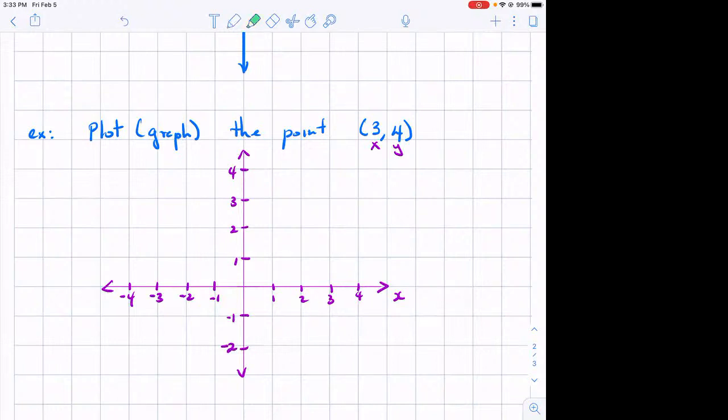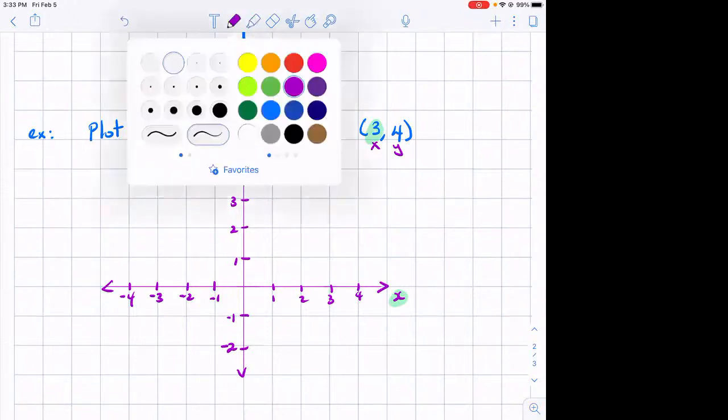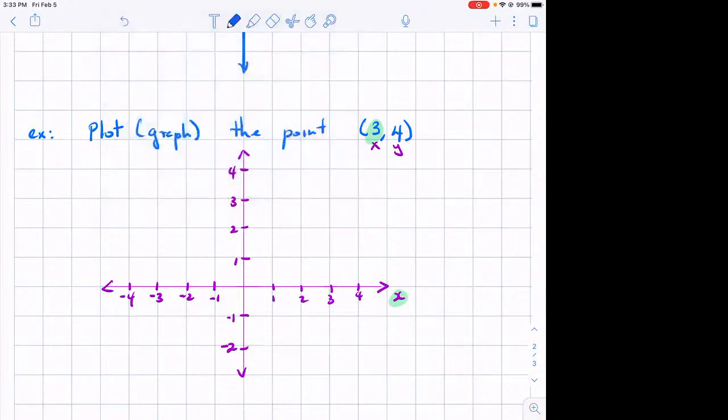Now, notice here that x is 3. So we look at the x-axis and we identify the point 3. And because y is positive, from this point we will go up, 1, 2, 3, 4 units up, since y is 4.